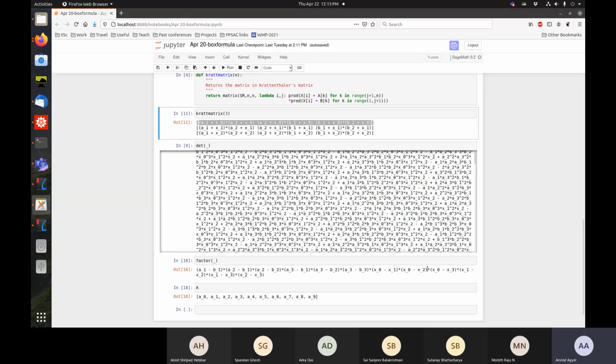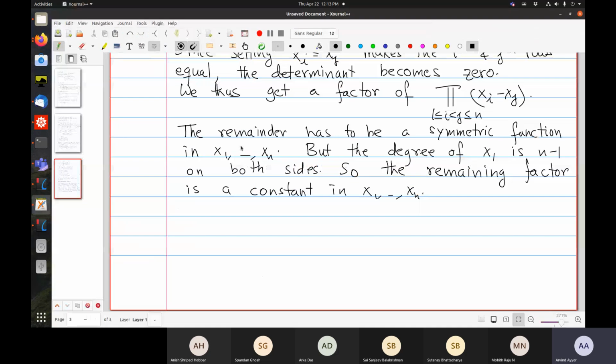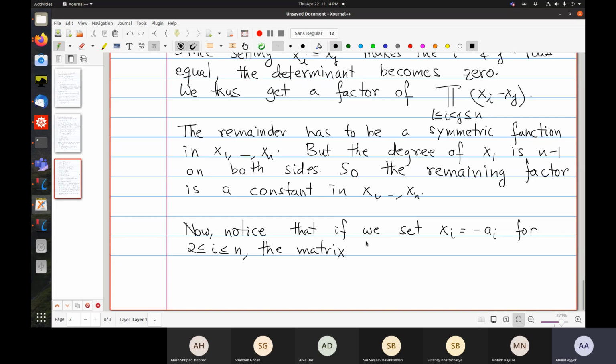Now we want to see what the remaining part is. So now notice that if we set xi equal to minus ai for 2 less than or equal to i less than or equal to n, the matrix becomes upper triangular.